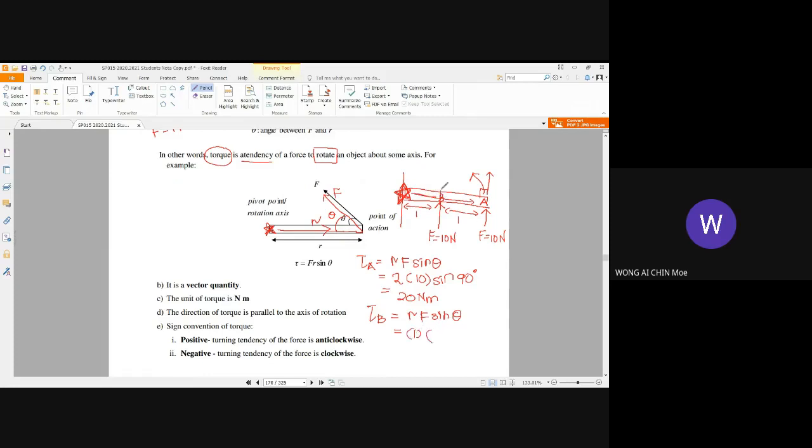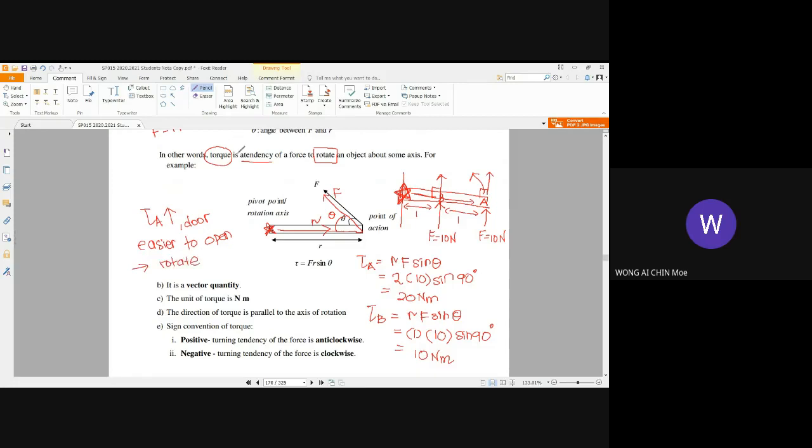Force acting on point B is 10 Newton, and the angle between R and F is 90 degree. So you will have 10 Newton meter. So at point A, you will have greater torque, meaning at point A your door is easier to open or easier to rotate.